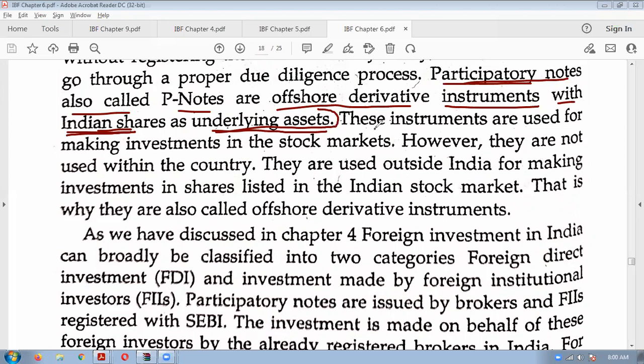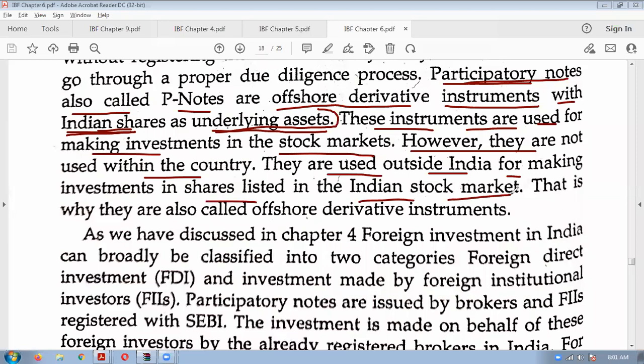So these instruments are used for making investment in the Indian stock markets. P notes are not used within the country. Obviously, they are issued outside India, so they are used outside India for making investment in shares listed in the Indian stock market.